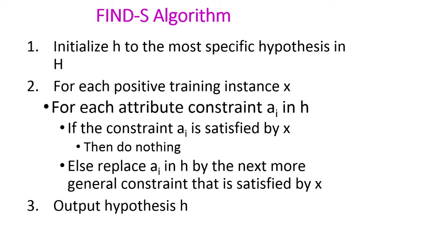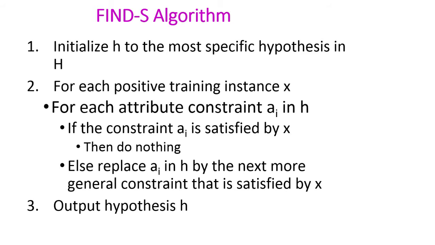First step is initialize small h to the most specific hypothesis in hypothesis space, that is capital H. Second step is for each positive training instance X and for each attribute constraint ai in h, if the constraint ai is satisfied by X, then do nothing.